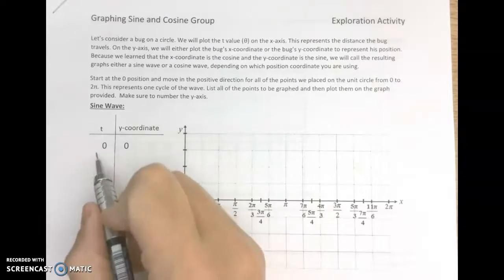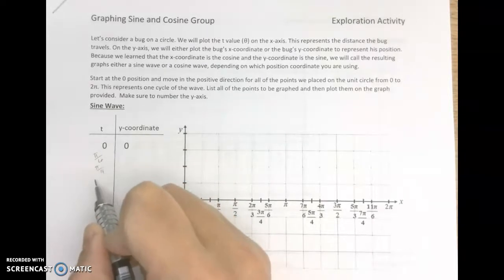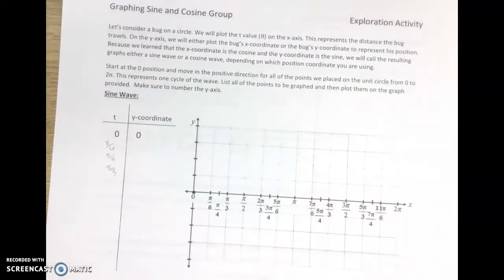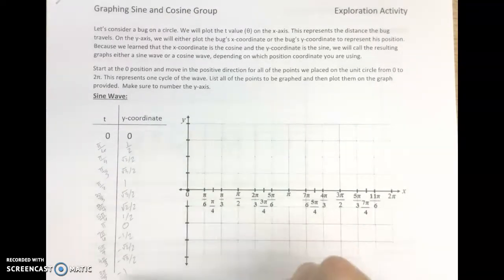Over here in the table we're going to put our angles: pi over 6, pi over 4, pi over 3, and so forth. I filled in the table, and now we're going to plot the points, and then we'll finish them based on patterns.